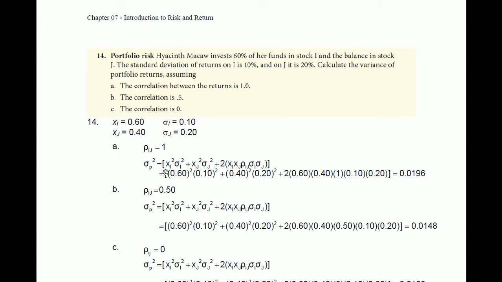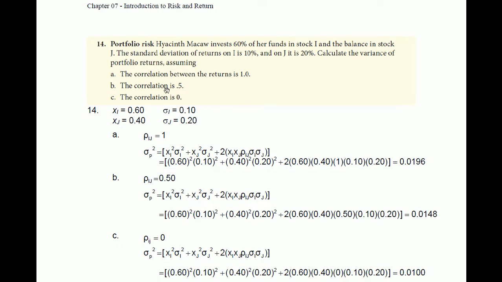So using the variance of portfolio formula in the book, these are all the same. This is the share and standard deviation, and the cross term. Notice that there is a coefficient of correlation in it. This is rho. So we plug in the numbers, and here we plug in the correlation between the two stocks is 1.